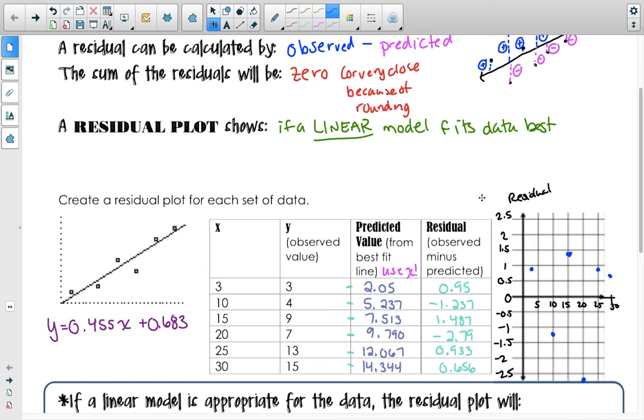So all a residual does is let you count this distance away, as in these distances away diagonally, because you cannot count up and down on a diagonal line. So what it's doing is turning it so that I can count up to the horizontal line to see the negative and the positive values of the residuals.